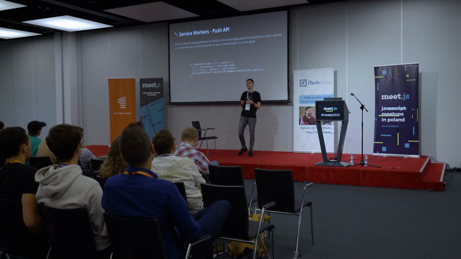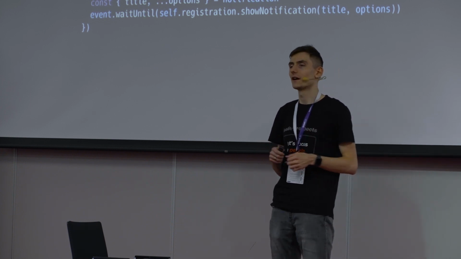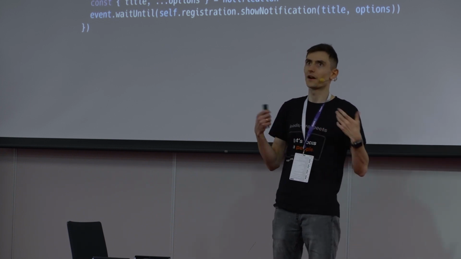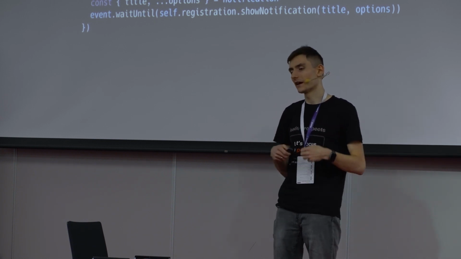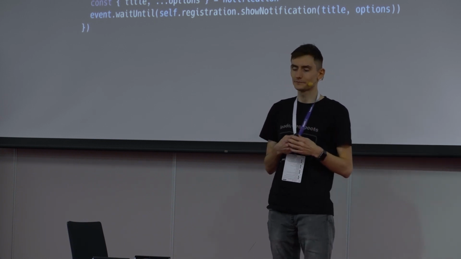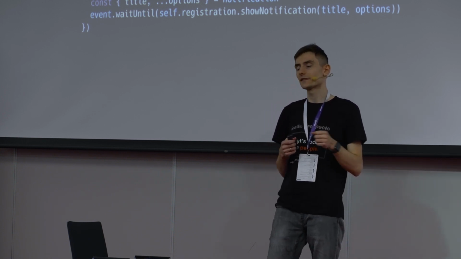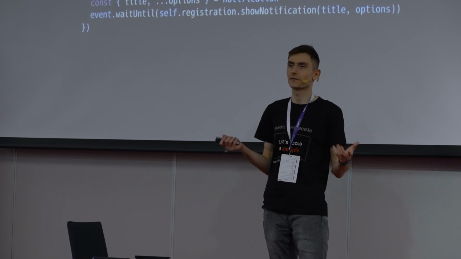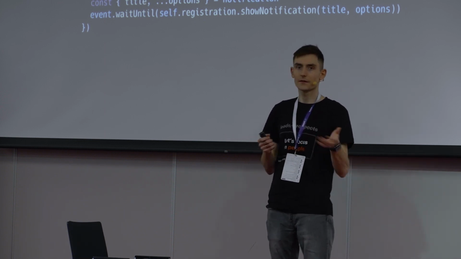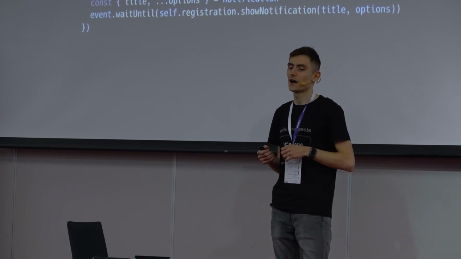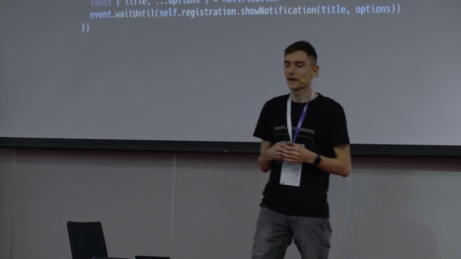And the web browser acts here like a proxy, because the web browser is the native application on our device. It receives this push message data, and it finds a proper service worker registration in its registry, spins up this service worker, and dispatches the push event on this service worker.